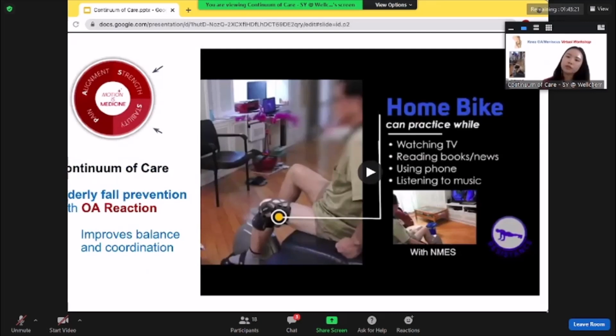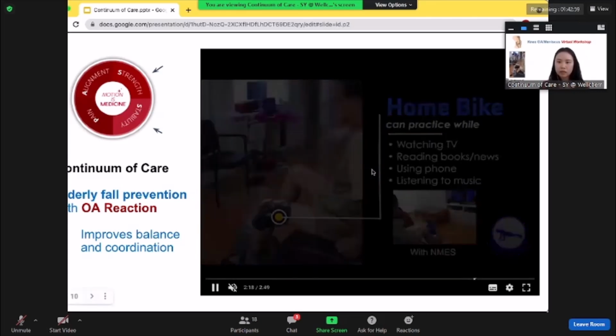Also, with the continuum of care in mind, we want to prevent any accidental falls that may occur among patients with knee problems, especially since they're usually of the elderly population. And we can see that the OA reaction is able to train the brain to coordinate the different muscles to work together.